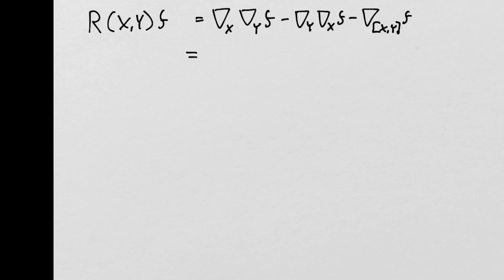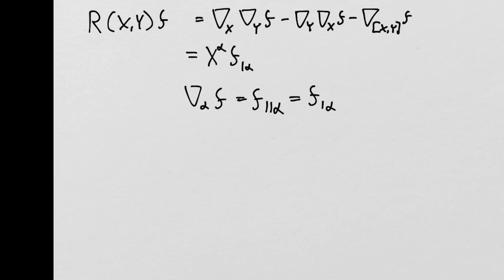So this would immediately become X^alpha f with a single derivative alpha, because the covariant derivative of f, which is defined as f double bar alpha, because it's just a function, is equal to f comma alpha. That's the definition of covariant derivatives of just plain functions.